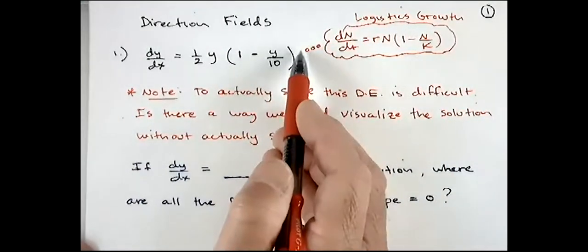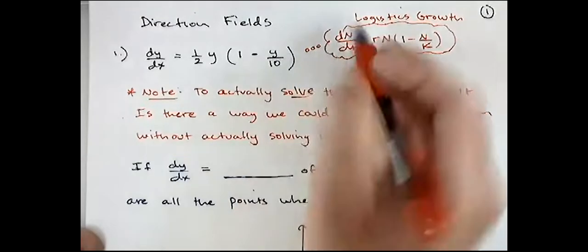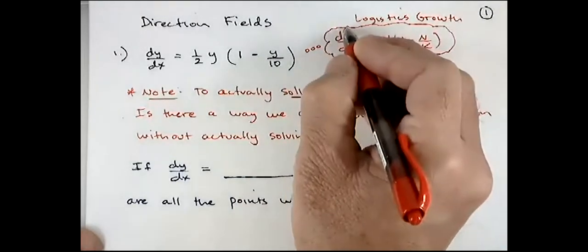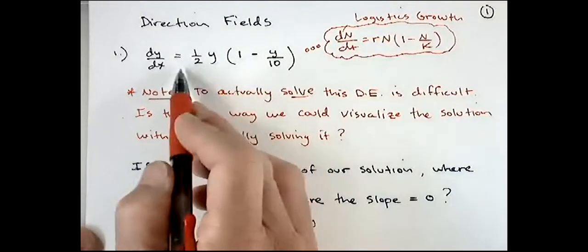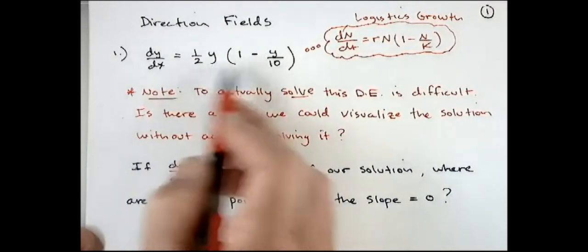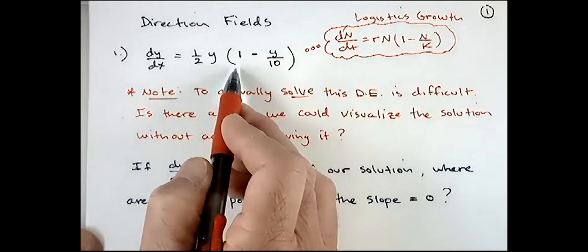And truthfully, I know this seems surprising, but Dr. Burke has spared you so far, because there certainly are problems. This is a separable differential equation. You actually can solve something like this.